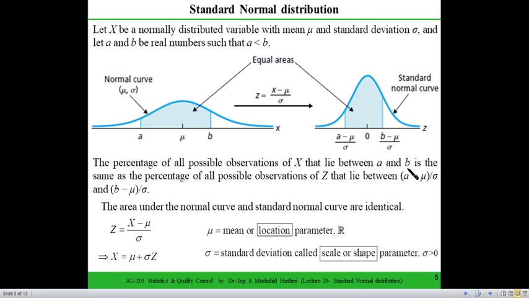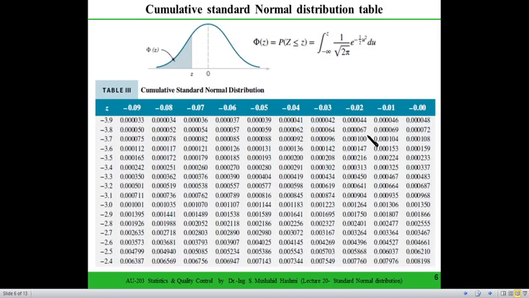We can see that the area under the curve would be a fixed value, because here the mean for z is 0 and its variance is unity. We used to have different tables which give the area under the curve of this standard normal distribution, and we recognize the standard normal distribution by its mean always being 0 and variance 1.